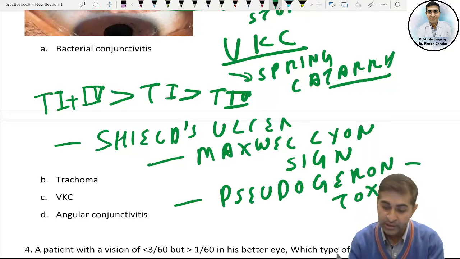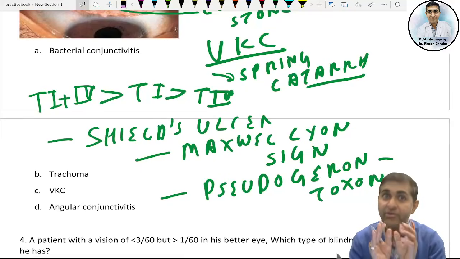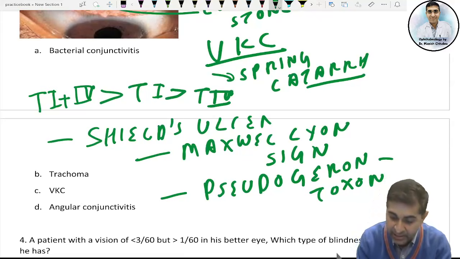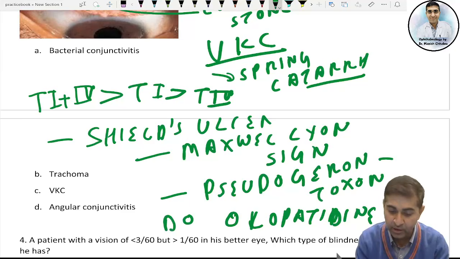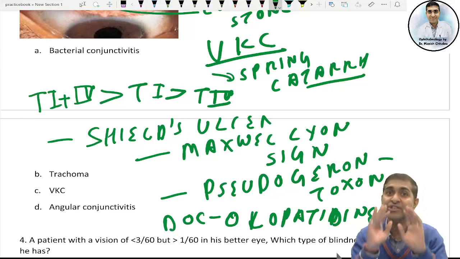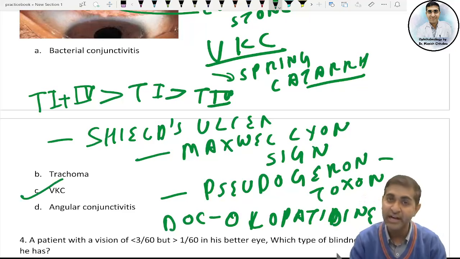And what will be the drug of choice in this condition? It will be antihistaminics, and olopatadine is one such drug. Olopatadine is your drug of choice. So by this we have revised the entire vernal keratoconjunctivitis. So the answer is vernal keratoconjunctivitis.